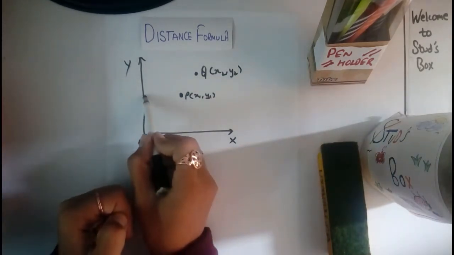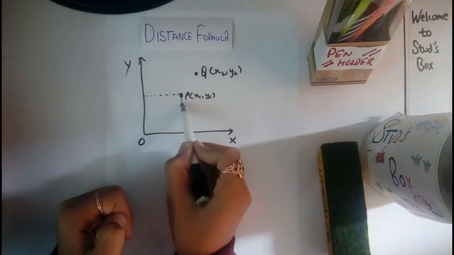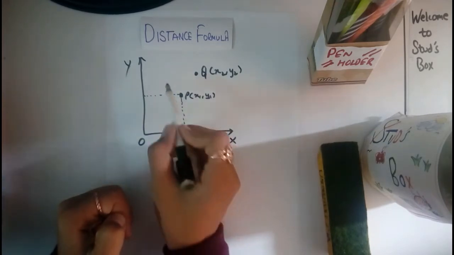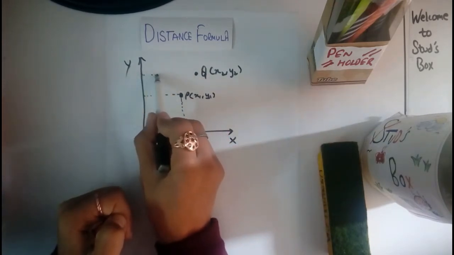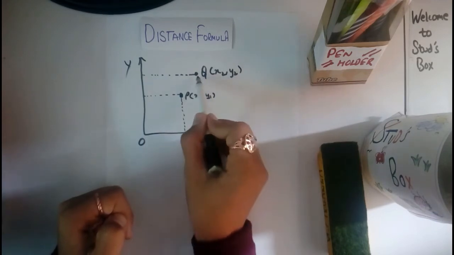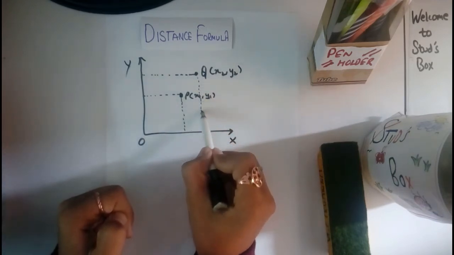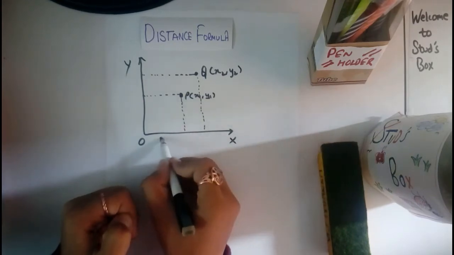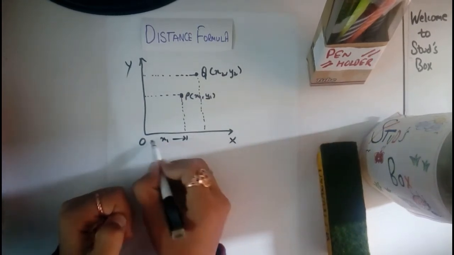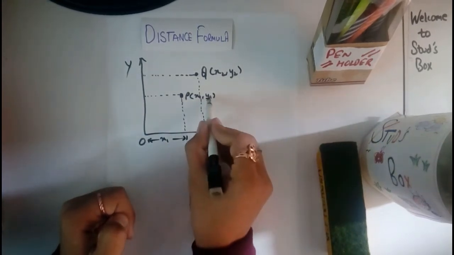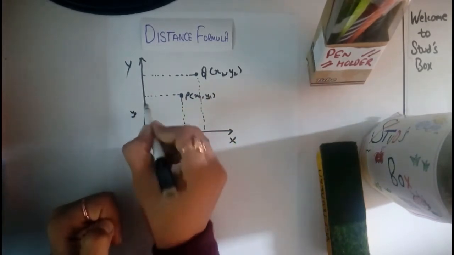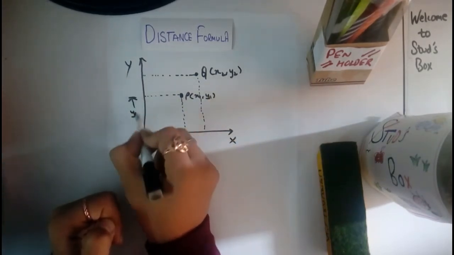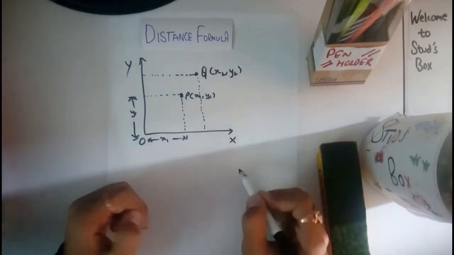So joining point P with the x-axis and y-axis, and same with Q, joining it with the x-axis and y-axis. Okay, so as you can see, this will be x1 from here to here and this will be y1 from here to here.